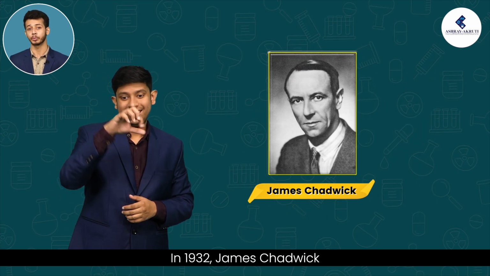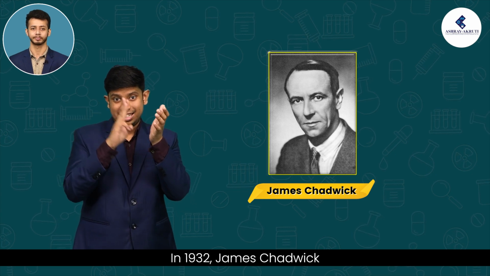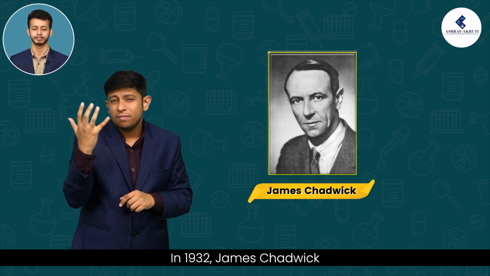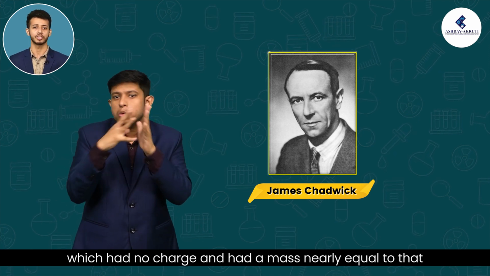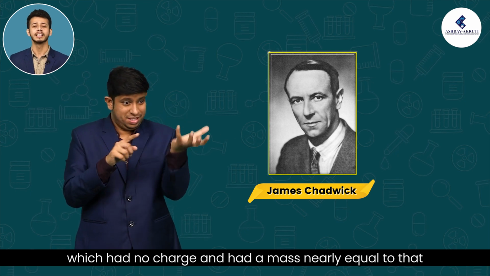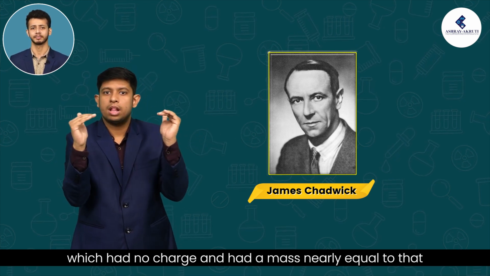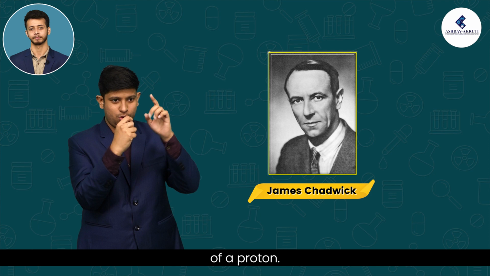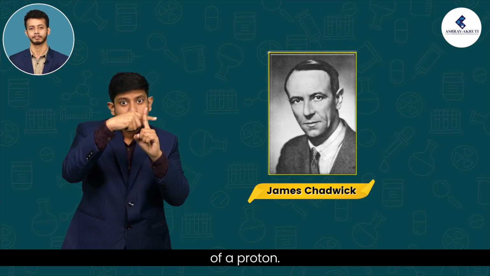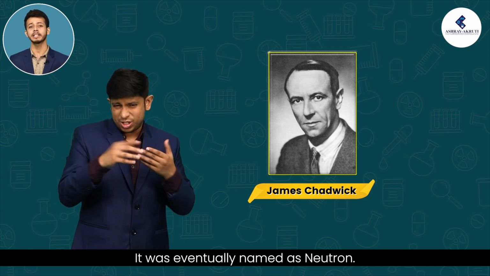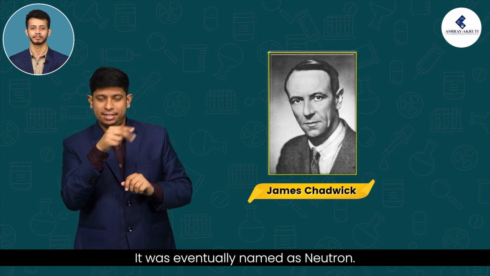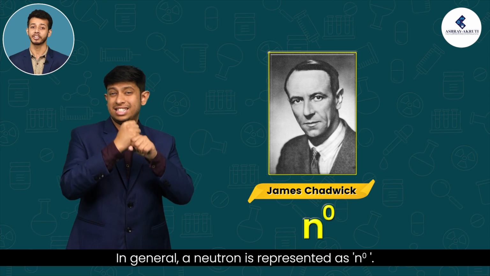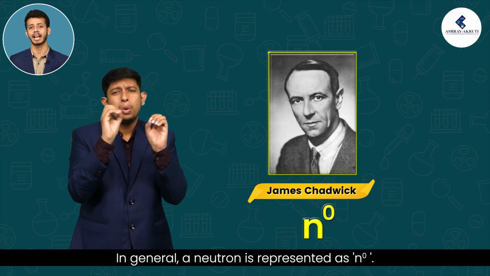In 1932, James Chadwick discovered another subatomic particle which had no charge and had a mass nearly equal to that of a proton. It was eventually named neutron. In general, a neutron is represented as n0.